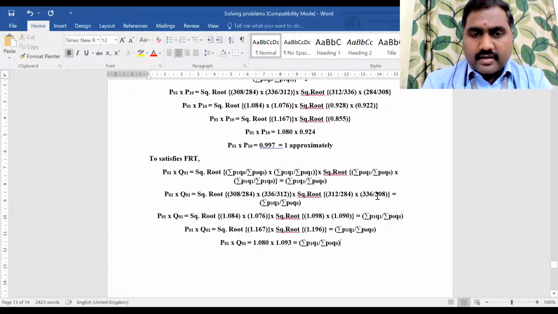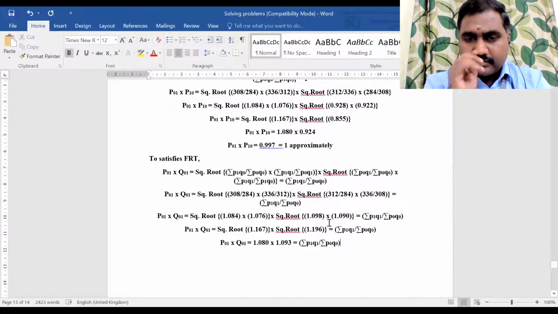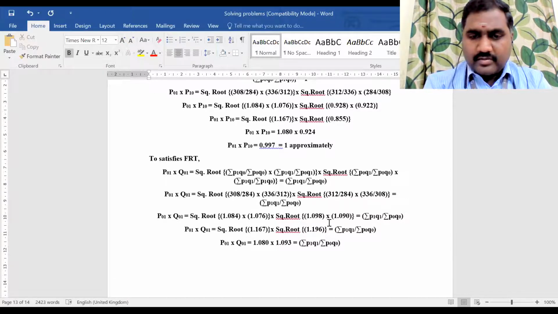Is the formula right? What is the value you're getting?